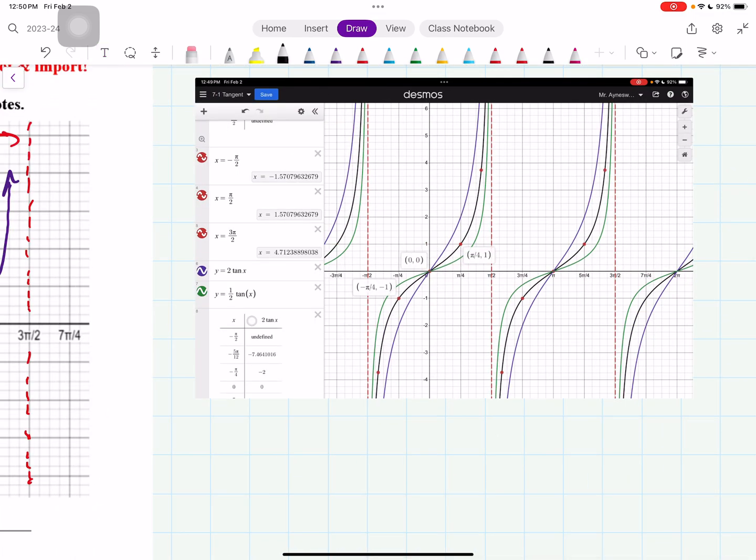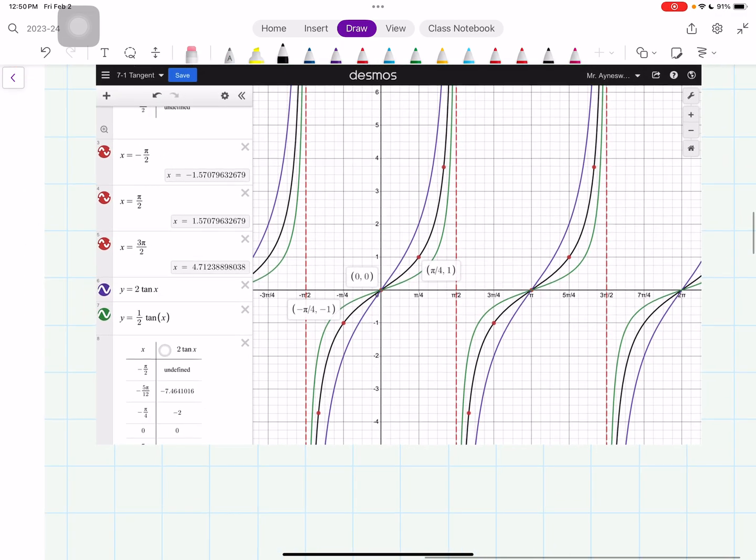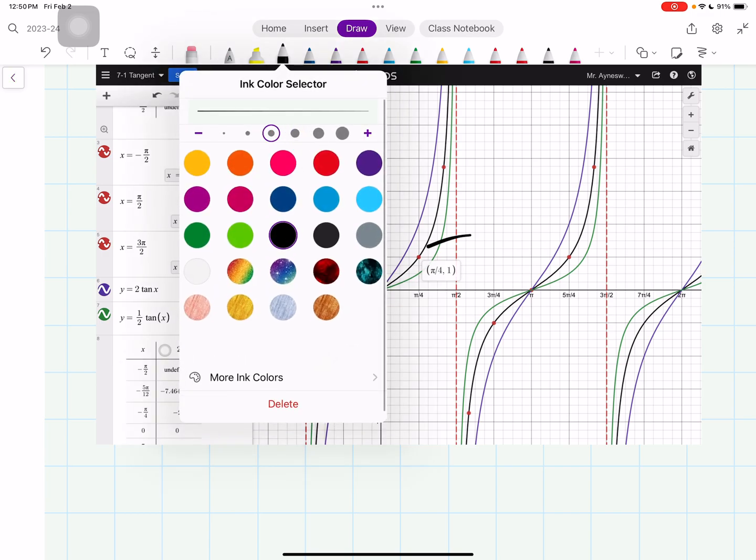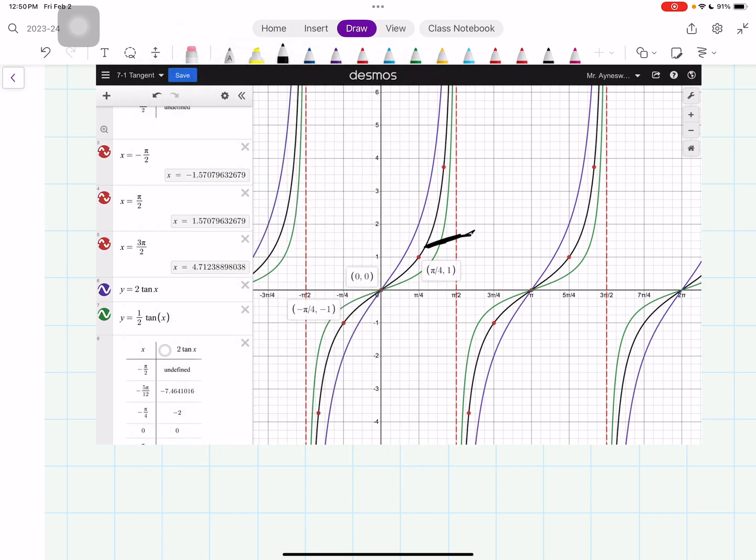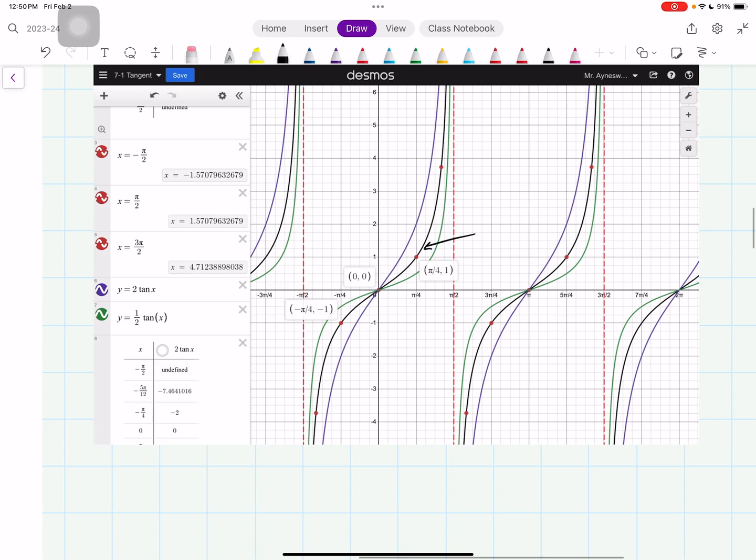So in our screenshot here, the black function is our parent function. So y1 is equal to tangent x, and that's our parent. That's what we graphed in our OneNote.